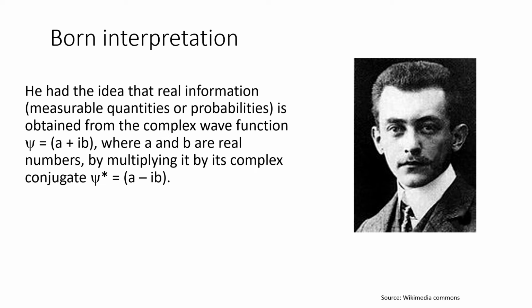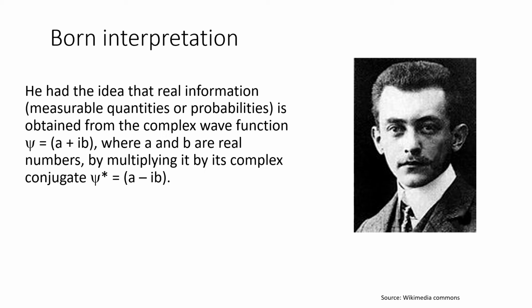And this is the so-called Born interpretation, which always makes me think of a Matt Damon film. But no, the Born interpretation is this idea that we need to extract real information somehow from a complex quantity like a wave function.